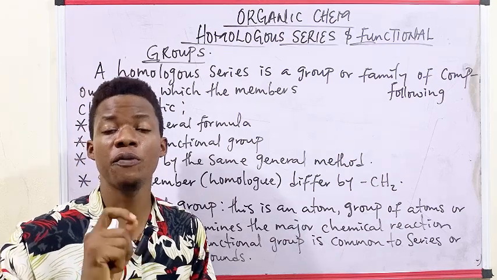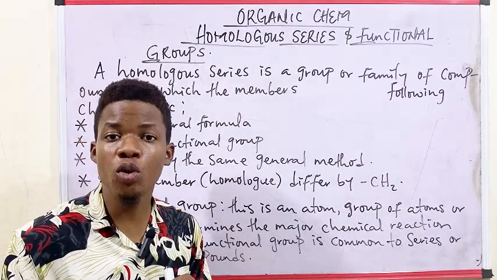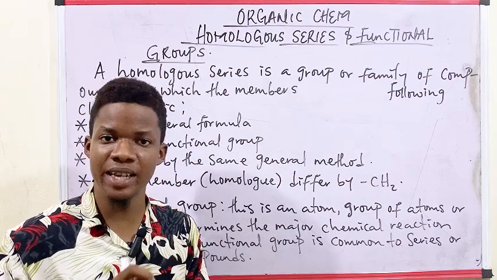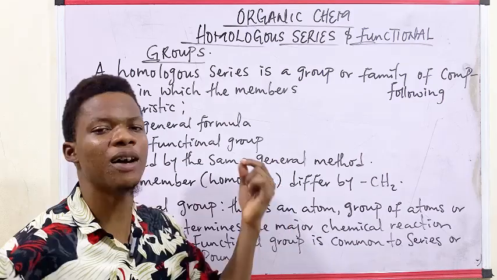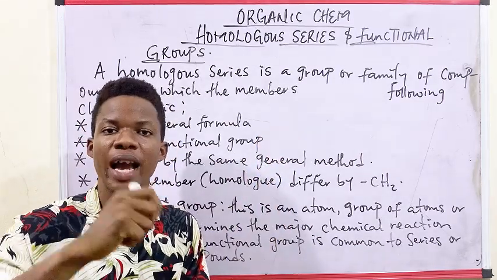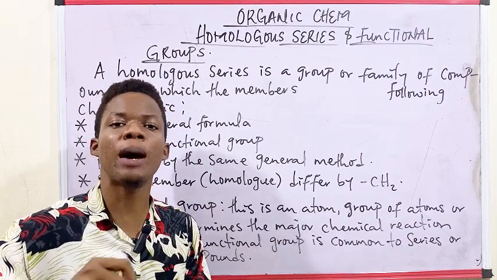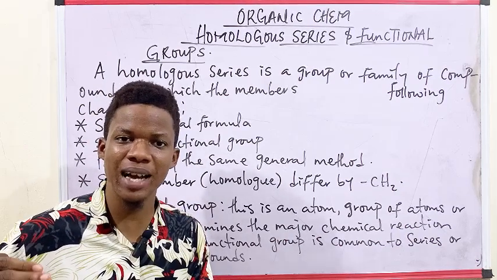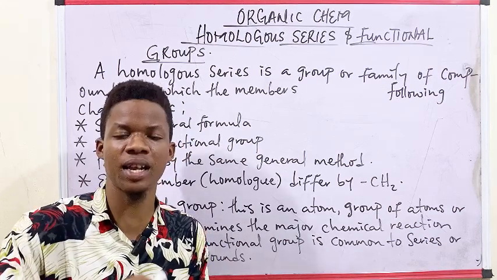If you give your attention to today's class, your struggles in organic chemistry are ended. You have to pay close attention to homologous series and functional group. This is the basis to understand reactions in organic chemistry and all other properties regarding compounds and different homologous series.